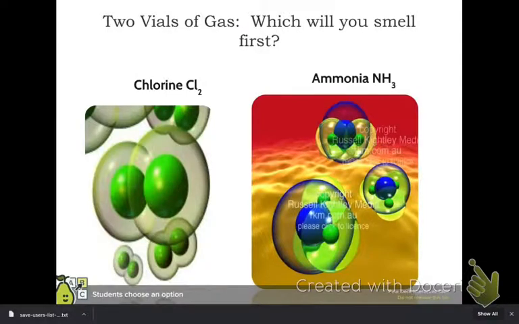Chlorine off the periodic table is 35.5 grams per mole, and we have 2 of them, so that gives us 71. Ammonia is 14 plus 3, which is 17. The chlorine molecule is much heavier than the ammonia molecule, so it's going to travel a lot slower. The ammonia will travel a lot quicker.